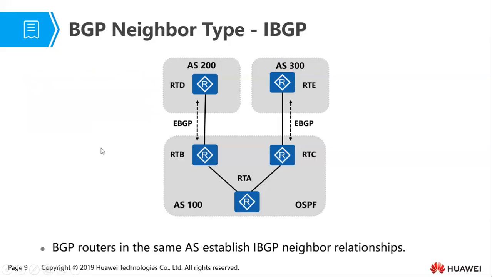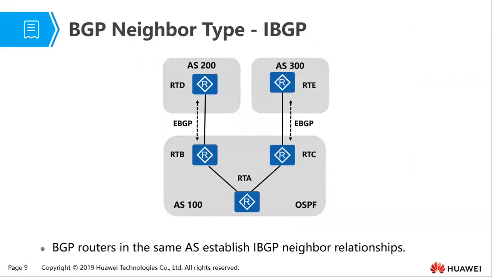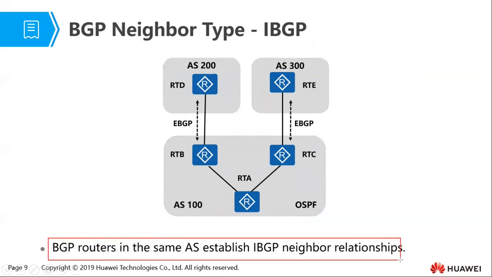That is achieved through the second type of neighbor relationship, which is called IBGP, or Interior Border Gateway Protocol. What that means is that routers in the same autonomous system can establish IBGP neighbor relationships.